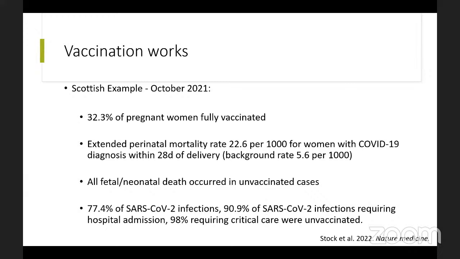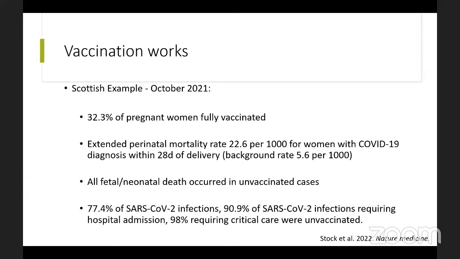We have this example from Scotland: in October 2021, which is basically the earliest that any pregnant woman could have had 2 doses of vaccine, because the vaccine came out in December of 2020, they found that 32.3% of pregnant women were fully vaccinated, and that the extended perinatal mortality rate was 22.6 per 1,000 for women with a COVID-19 diagnosis within 28 days of delivery, with a background normal IUFD rate of 5.6 per 1,000 for non-COVID-related cases. And all fetal or neonatal deaths occurred in unvaccinated cases.